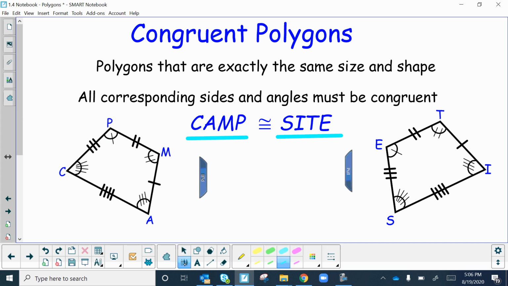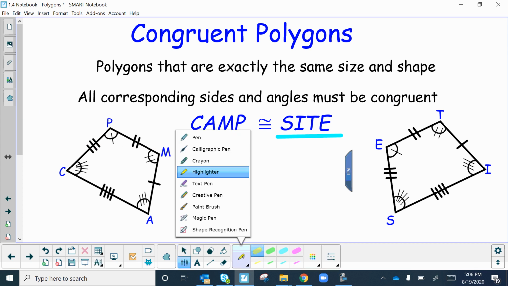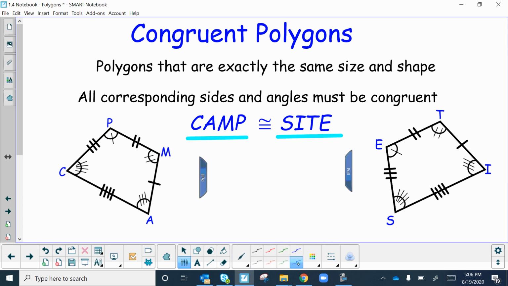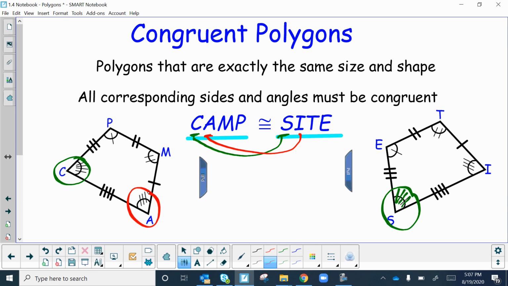One thing that I want to mention is you always want to make sure you write the letters in corresponding order. For instance, you wrote C first. Well, angle C is right here and it has 4 tick marks. You better make sure that it matches up with S, because they have to be in corresponding order. Let's look at S, and that has the 4 tick marks there. So that's correct. Same thing goes for A. A must correspond to I. A has 3 and I has 3 as well.